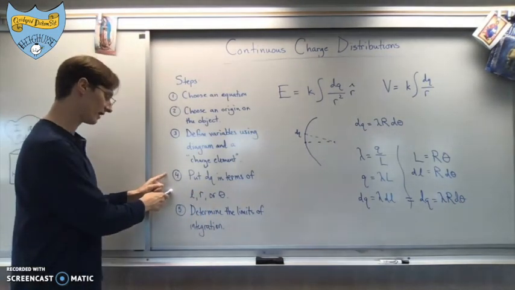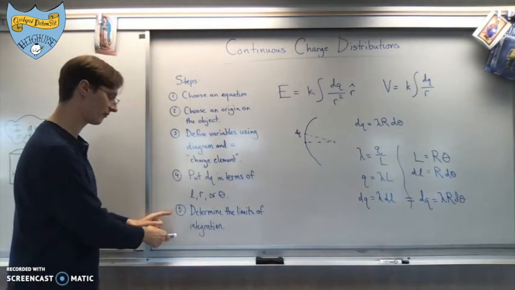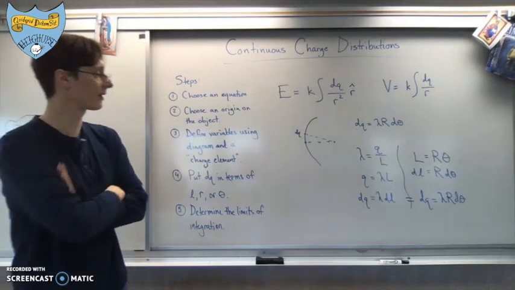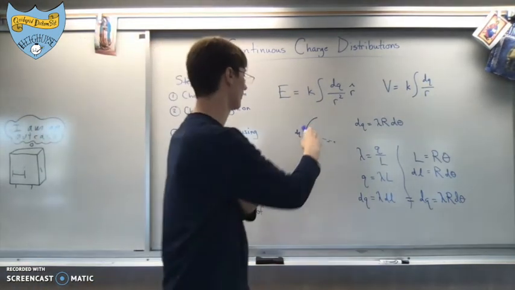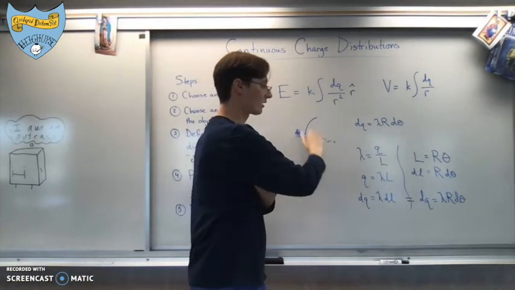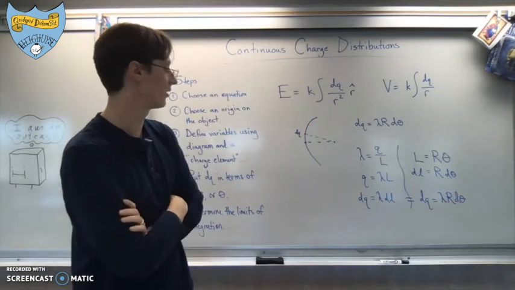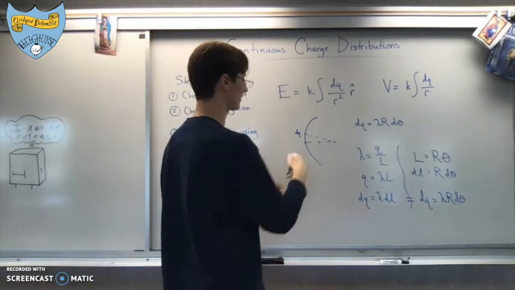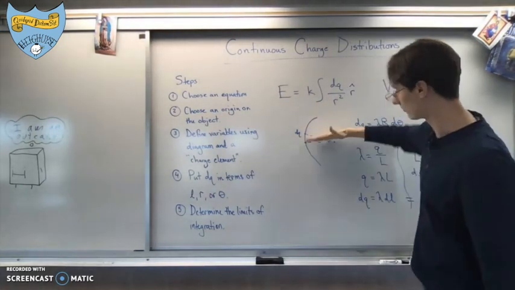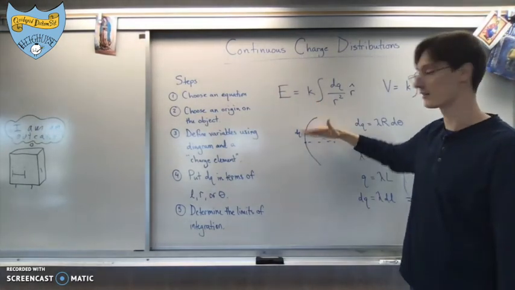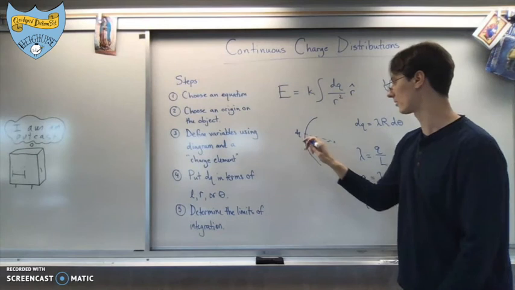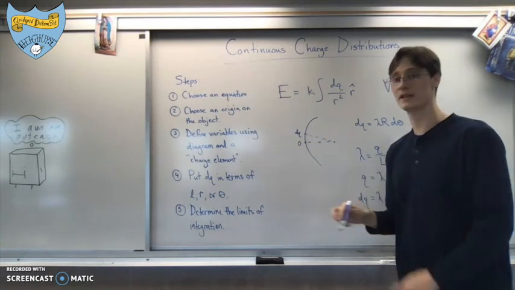Okay, so we've done step 4, and then finally step 5, determining the limits of integration. That's going to be based on how much of a curve you've got. So if it's a curve like this, then it's based on the number of radians from here to there, where, remember, 0 is in the middle.